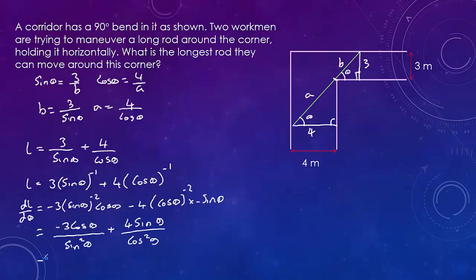Now, we want that over a common denominator, and the common denominator would be sine squared theta cos squared theta. So this sine here needs to be multiplied by sine squared. So we're going to have 4 sine cubed theta, take away, and here multiply top and bottom by cos squared, 3 cos cubed theta.